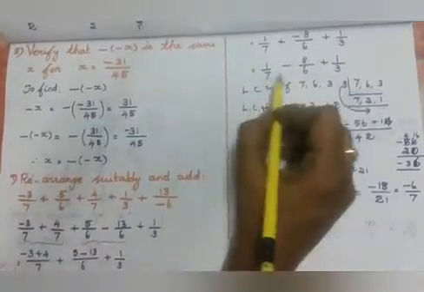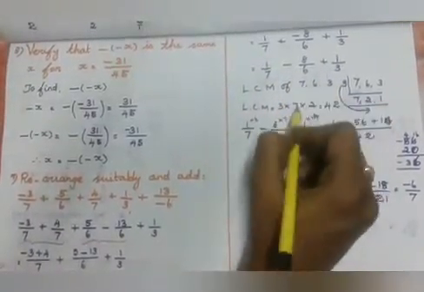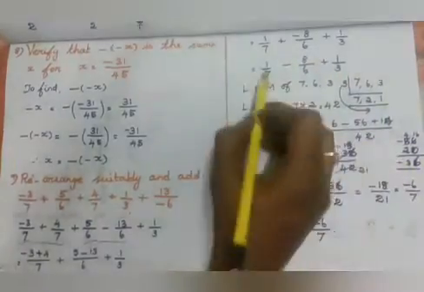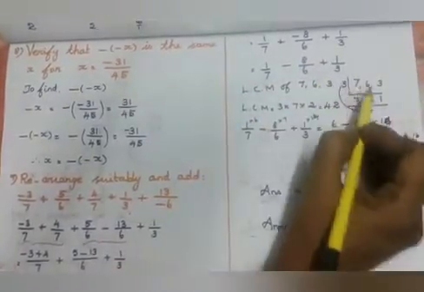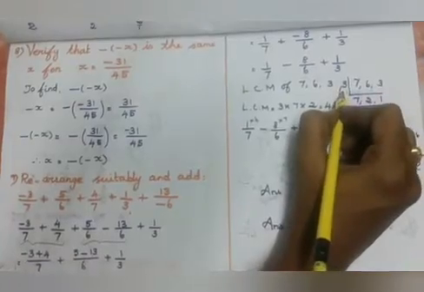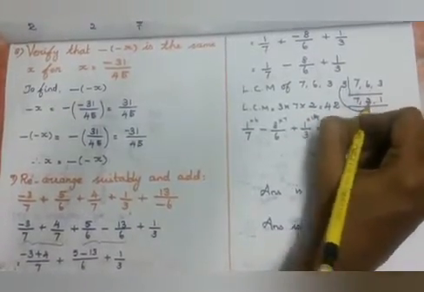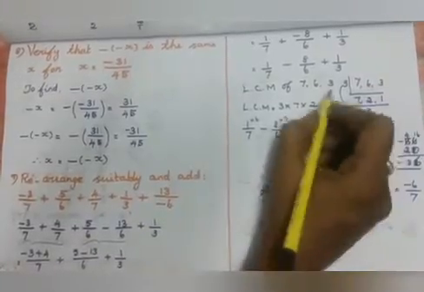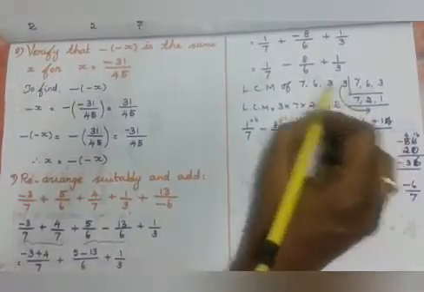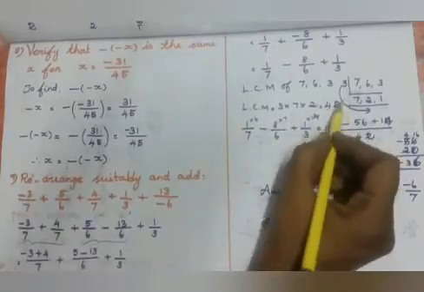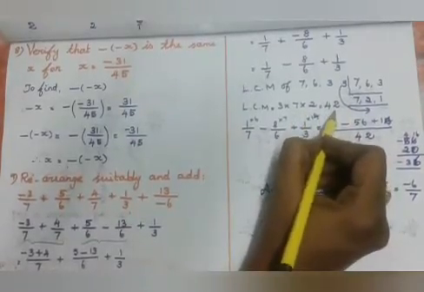Now we find the LCM for these numbers and add the values. So 7, 6, 3, LCM we find. Divided by 3, 7 as it is. Then 2 3s are 6, 1 3 is 3. Then we multiply these values: 3 into 7 into 2 is equal to 42.